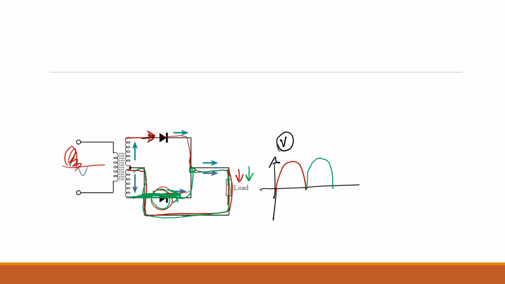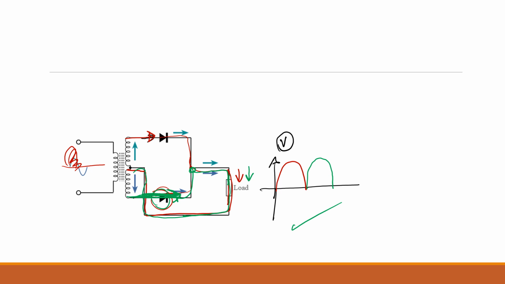You have to draw this, yes. We haven't done the equation part yet, but to do the calculations, you first need to know how to draw this, what you get. Do you understand that we get the full wave rectification here? In the previous one, it was half wave, but this one is full wave rectification.